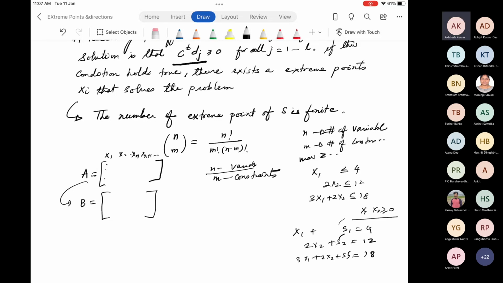We started with a 2 variable, 3 constraint problem. Now we have 5 variables. So our A matrix, if you remember the revised simplex, generally consists of these coefficients: 1, 0, 3, 1, 0, 3, 0, 2, and 2.